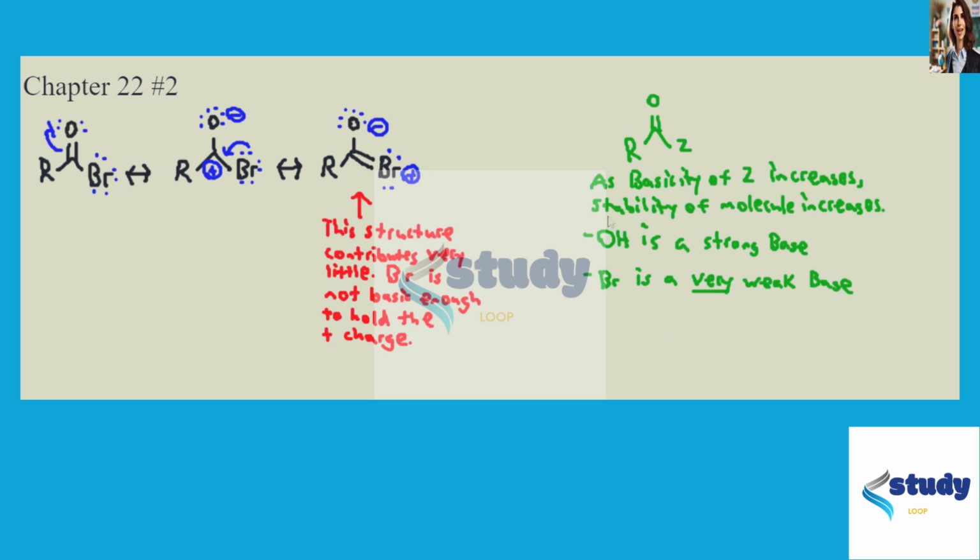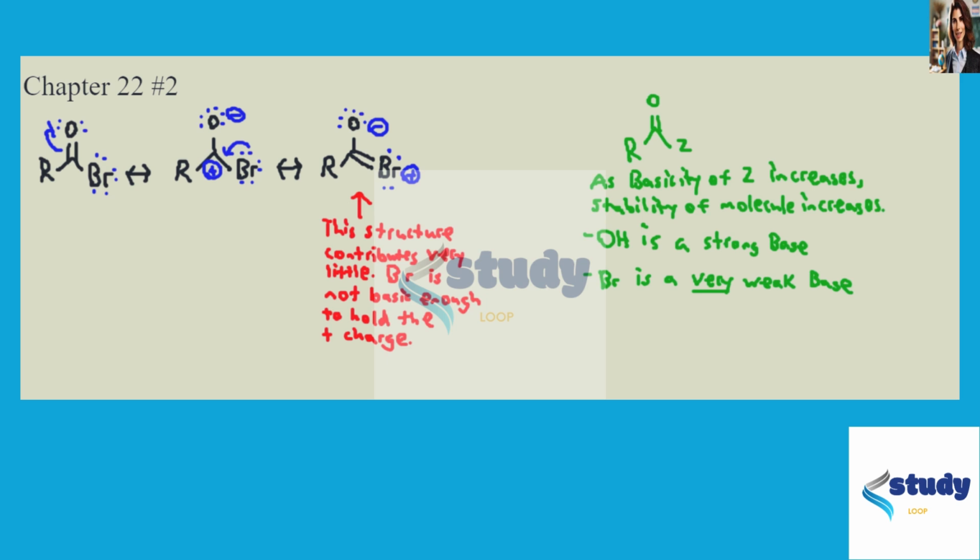The problem specifically asks us to rationalize this in terms of pKa. I looked in Appendix A, and I didn't really find pKa values for an acid bromide, so we can't appeal to them directly numerically.